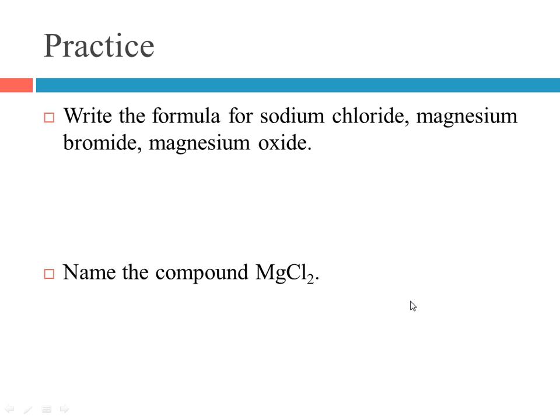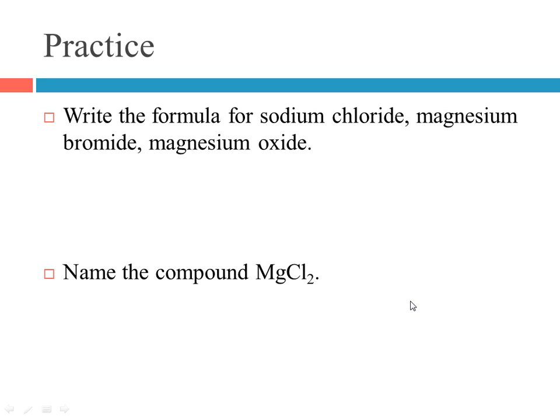So if we look for sodium chloride, we have to know the symbol. So what's the symbol for sodium? Na. It's in group 1, right? So it's got a +1 charge, oxidation state. And then we have our chlorine, which has a -1 charge. It's a halogen. It's 1 electron away.